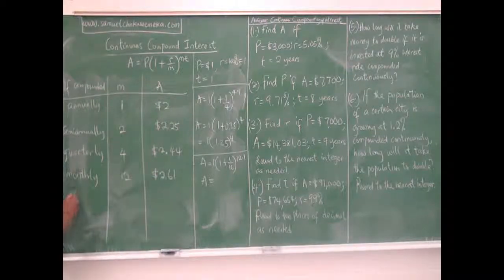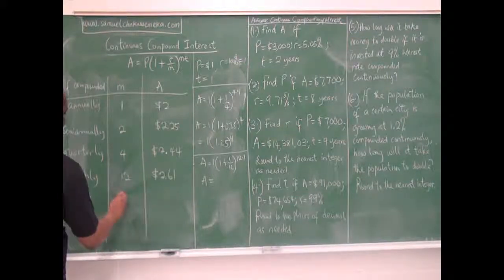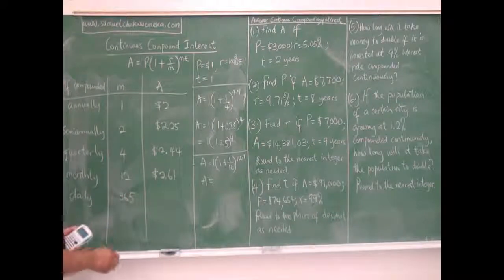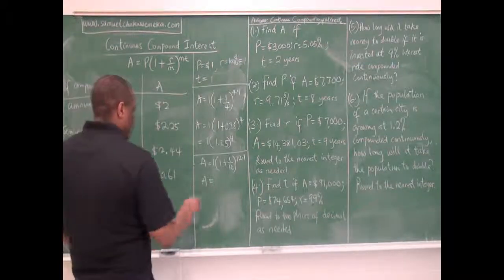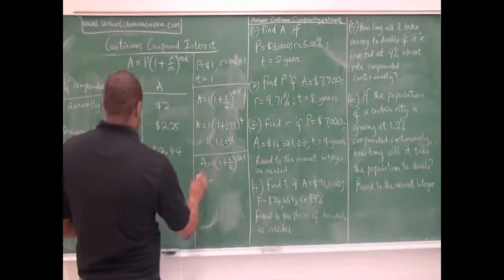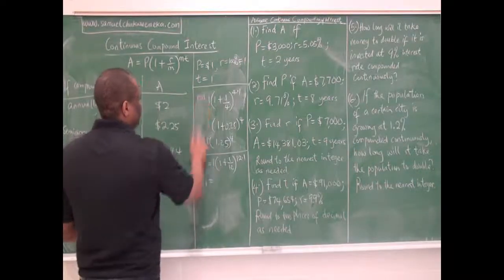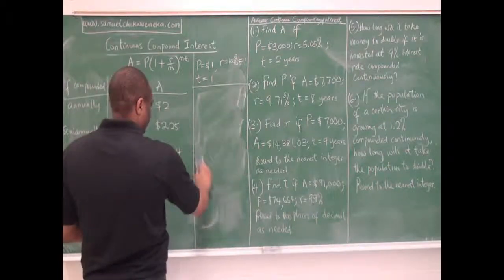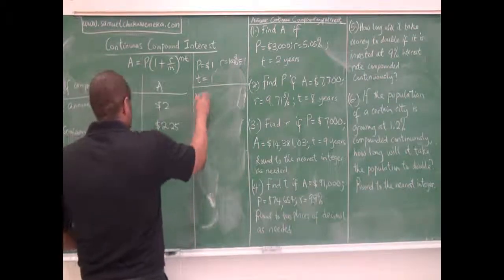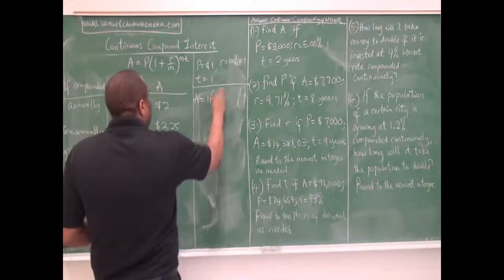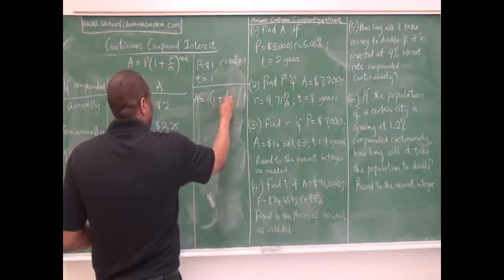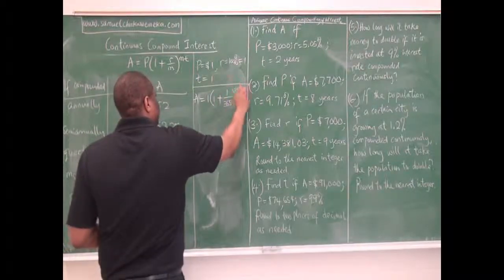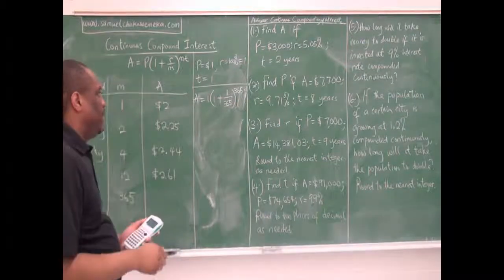What if we compound daily? Daily means how many times? 365. Then that would be A equal to P times (1 plus R over 365), raised to the power 365 times 1, right?